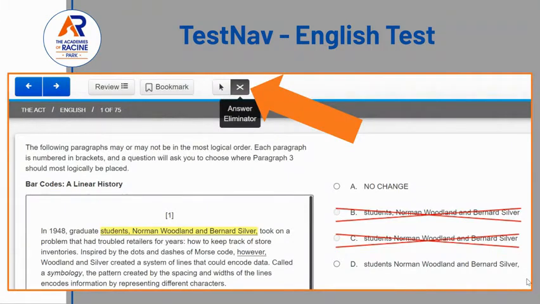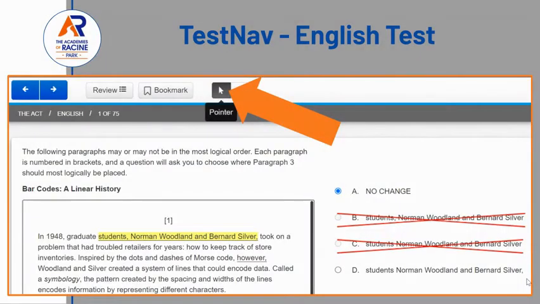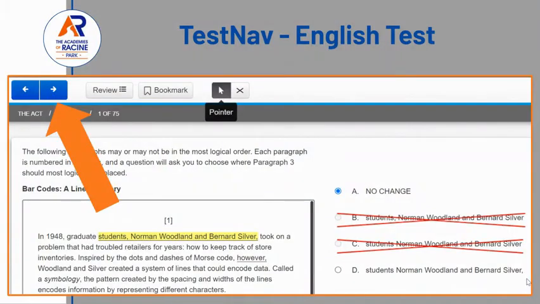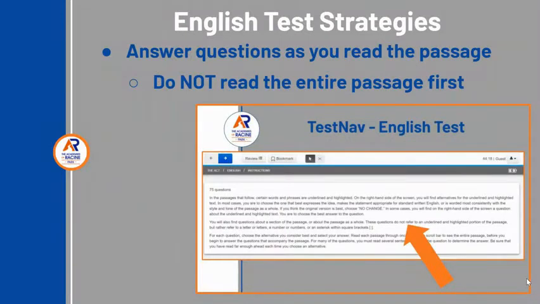Now, there is an option to eliminate some that you know are wrong. So as you're reading this, if you know that some are incorrect, you can go up here and push the X and then cross out ones that you know are incorrect. But then remember to switch it back to the pointer in order to select your correct answer. And then you're going to hit this blue arrow going towards the right again, and that'll take you to the next question.